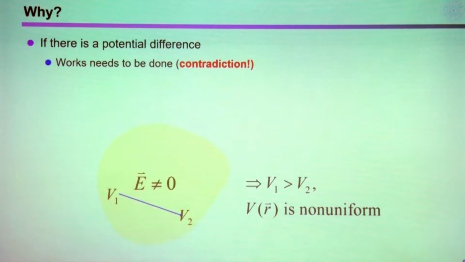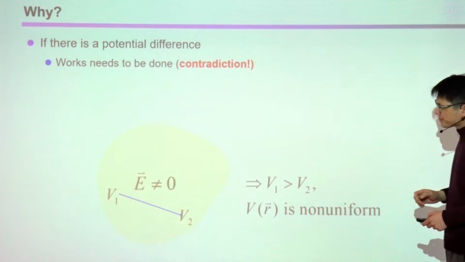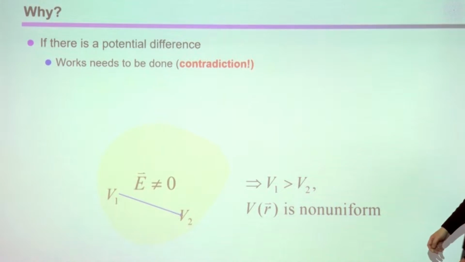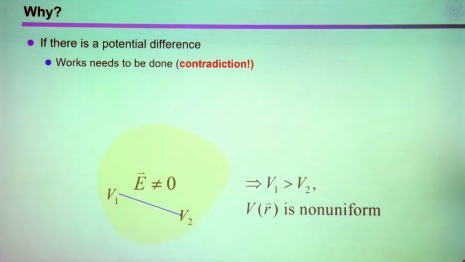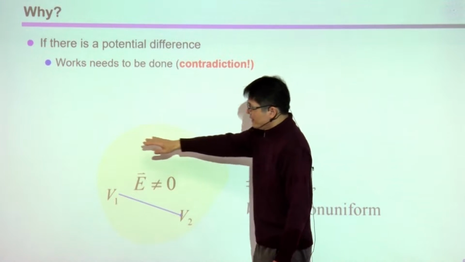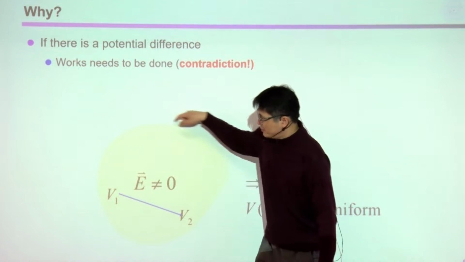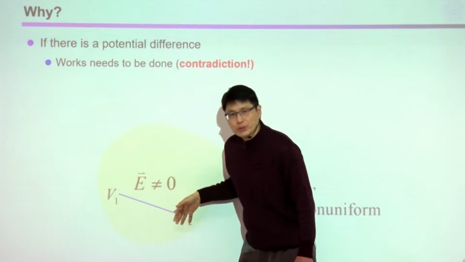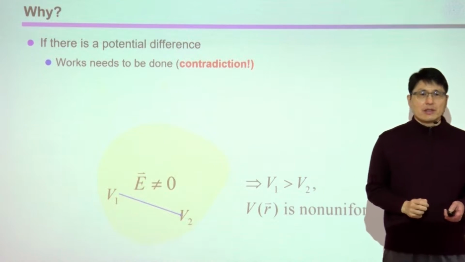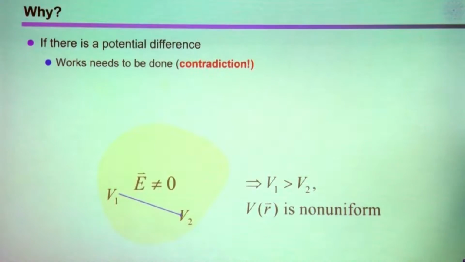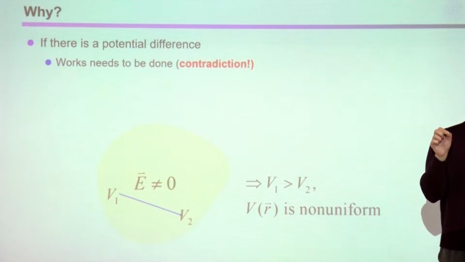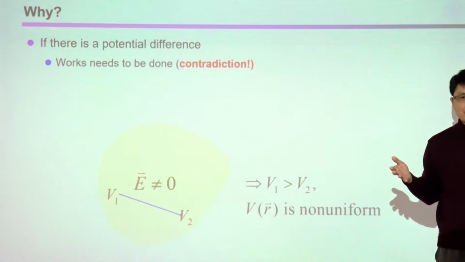Right? So now take a close look. We can try to understand this in a more detailed way. If within the metal, I have 2 points, and somehow they don't have the same potential, that means I have E-field distribution. Okay? If I have E-field distribution, I have potential difference.